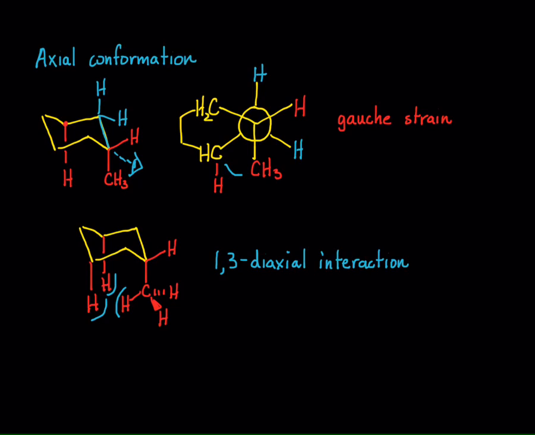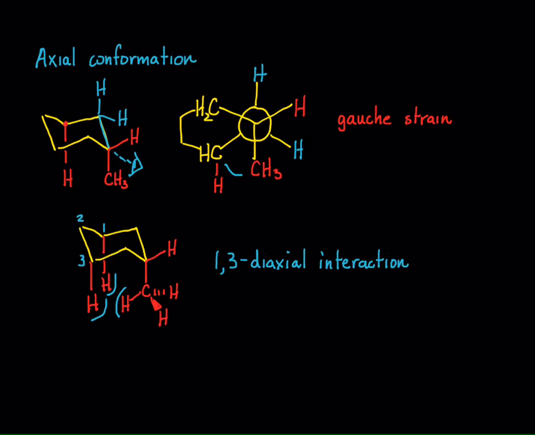Now, where do I get the 1,3? Well, if I consider arbitrarily naming one of the carbons with the hydrogen 1, then I get 2 and 3. So there's that 1 and 3 carbon interaction. So it's an arbitrary assignment of numbers. It doesn't really mean anything other than the relationship between the two hydrogens.